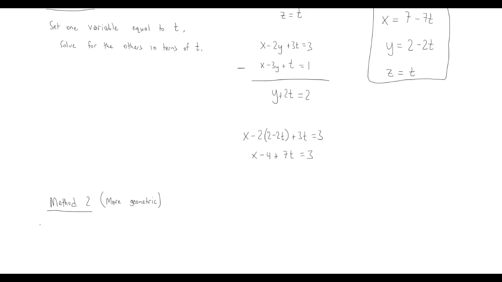So the idea is, if we want to find a parameterization of a line, we know that we need two pieces of information: a point on the line, as well as a direction vector for the line. Okay?